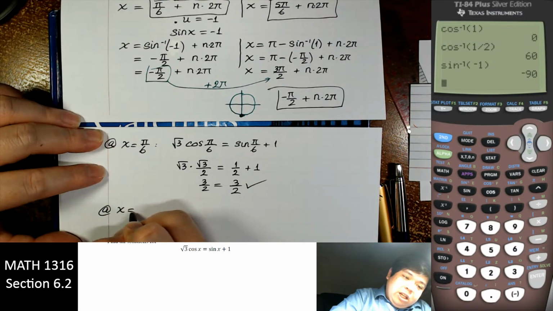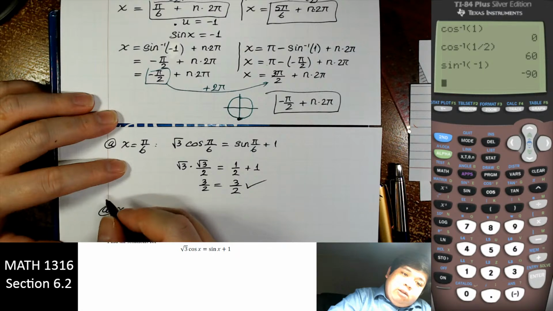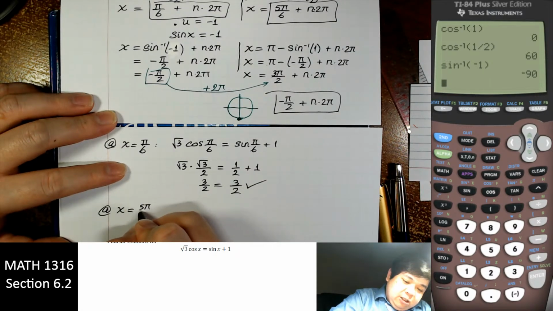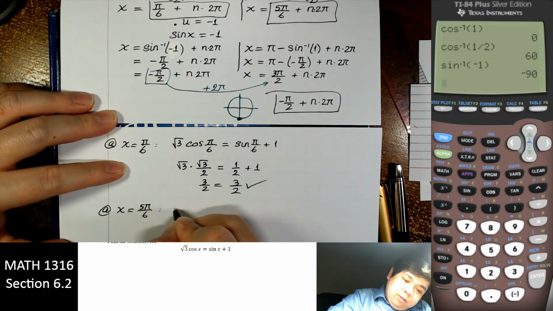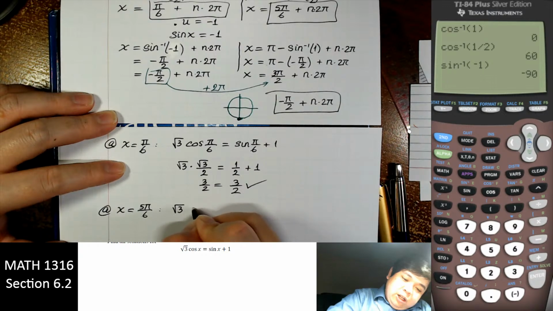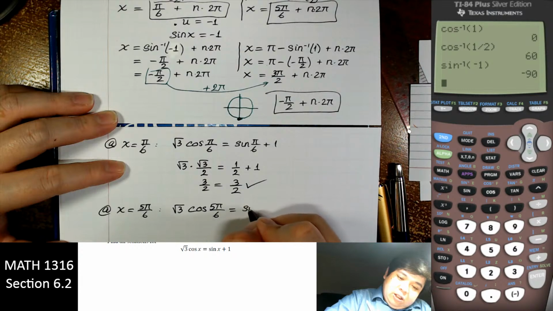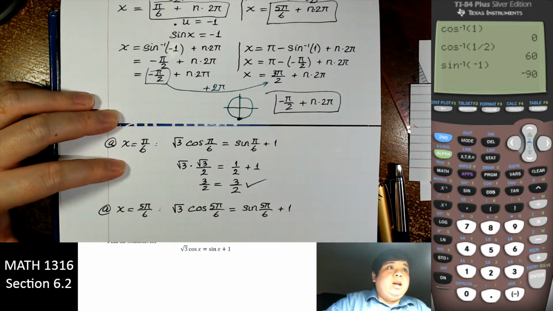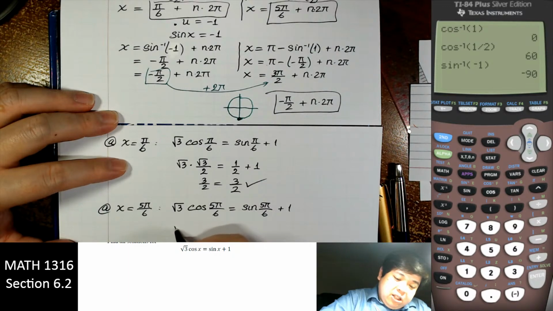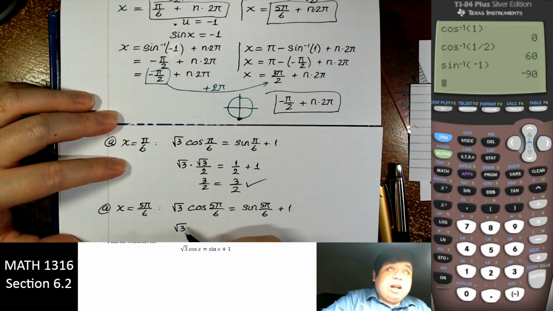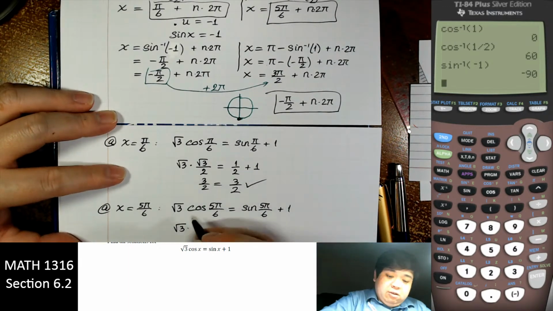Next, we check for x equal to 5 pi over 6: square root of 3 times cosine of 5 pi over 6 equal to sine of 5 pi over 6 plus 1. Cosine 5 pi over 6 will be second quadrant, negative.